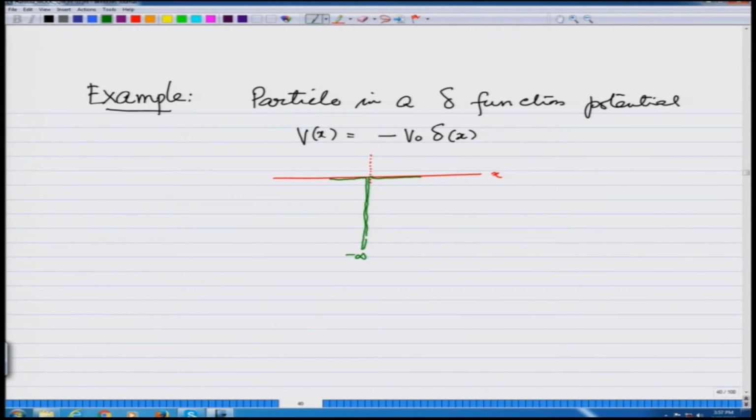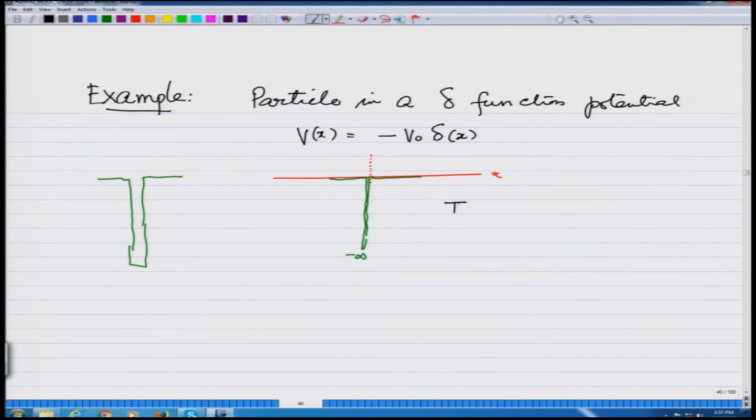This could be a representation of a potential which is very deep and has very small width. Classically, whether this can afford a bound state or not, we do not know, but quantum mechanically I am going to show you that this affords a bound state.